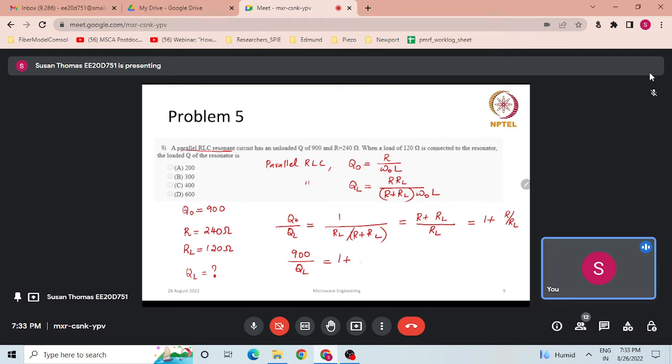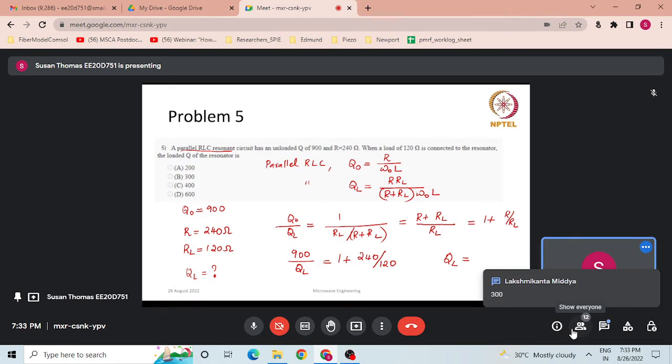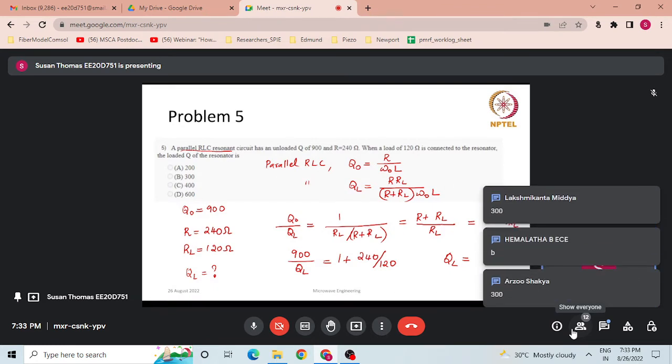Can you all please try to find this? 1 plus R by RL, 240 by RL is 120. Can you all please find out the value of QL here and give me the answer for this question? Yes, answer is 300 or option B.